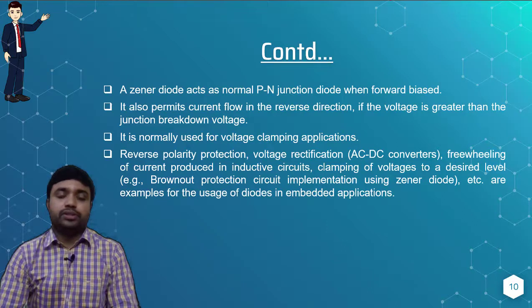Brownout protection is nothing but safeguarding the operational voltages inside your circuit without making the circuit break down. So these are some examples for the usage of diodes in embedded applications.